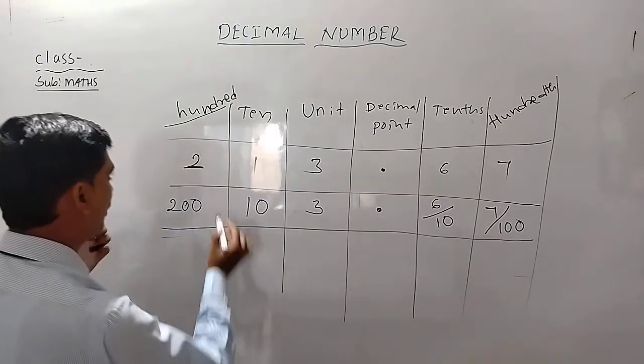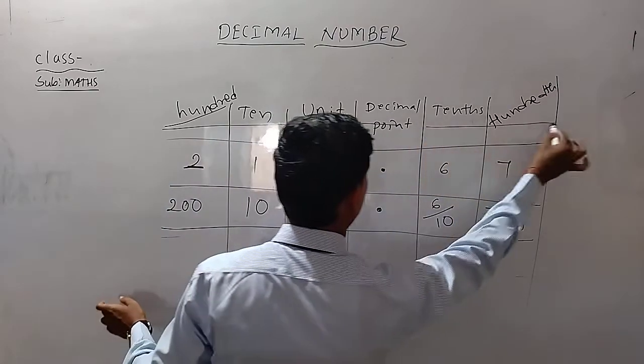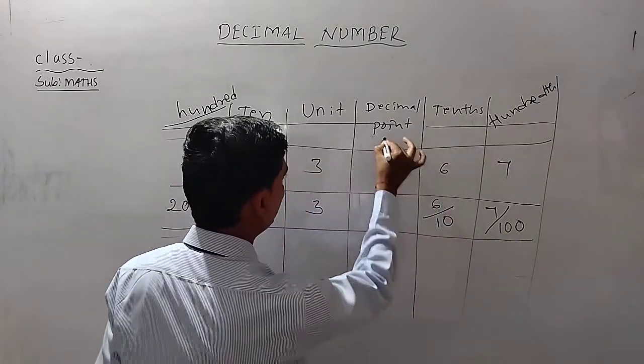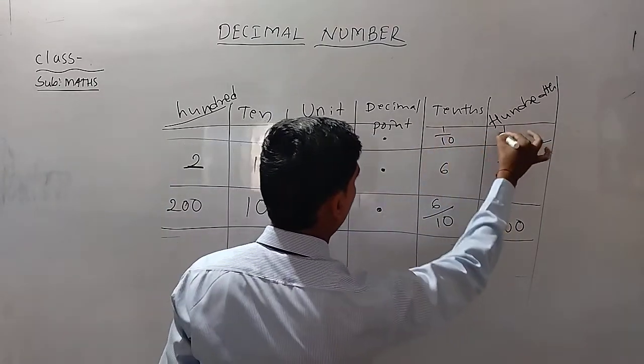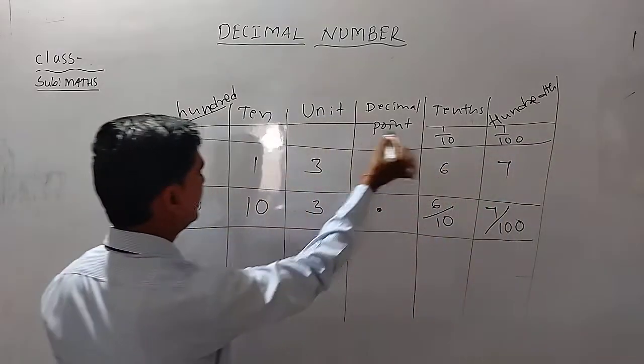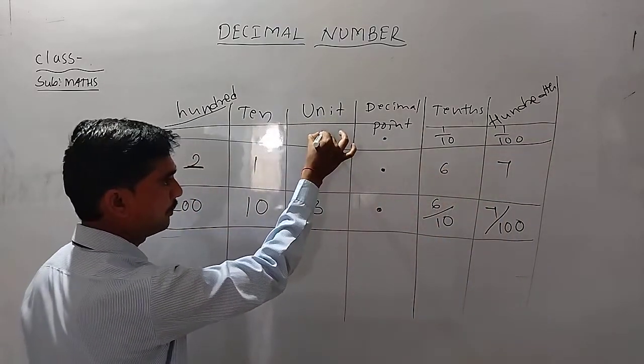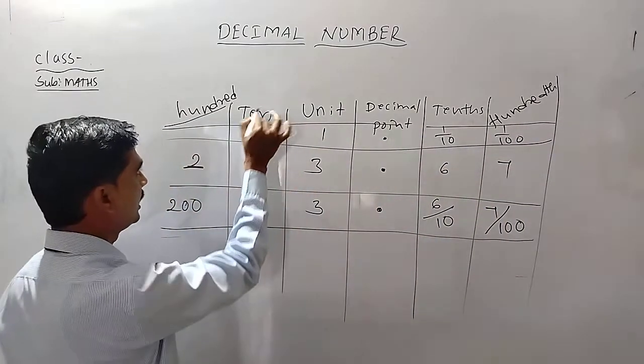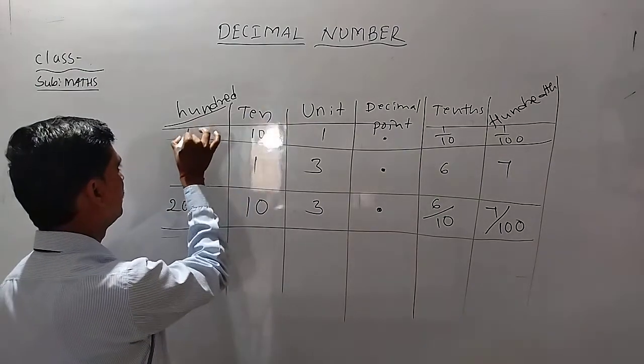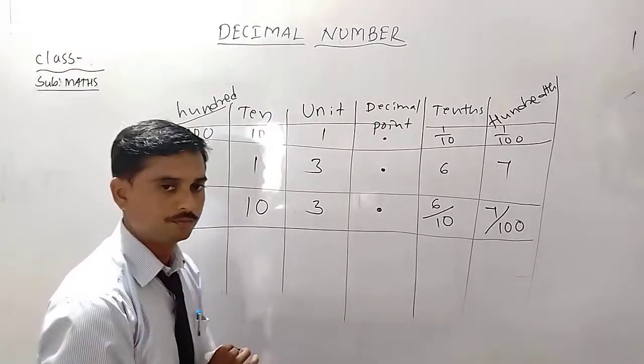Otherwise, you should know: after the decimal point, 1 by 10, 1 by 100. The unit place value is 1, tens place value 10, hundred place value 100.